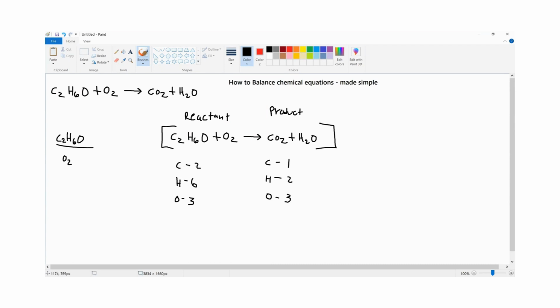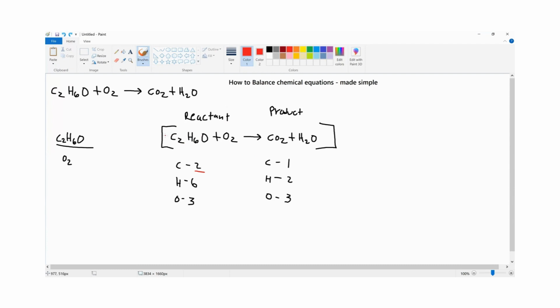So we have carbons, we have two here, and over here we have one. What can we do to change that? You will keep in mind that you cannot change subscripts. You can only change the coefficients.